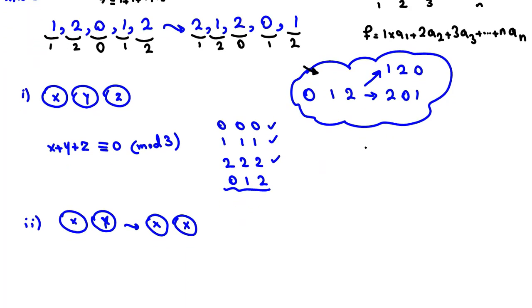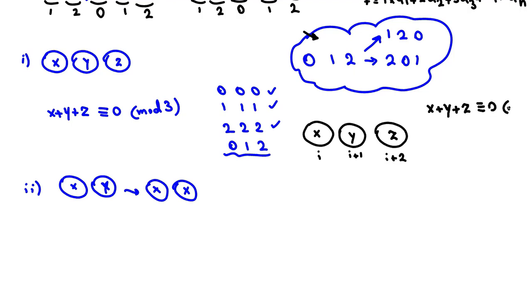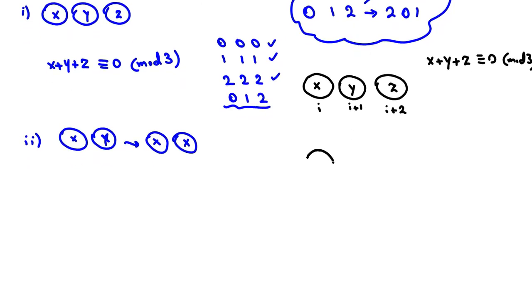So let's see. For example, suppose that it is i, i plus 1, i plus 2. And we have x, y, z, and we know x plus y plus z is multiple of 3. Okay? So let's see if f won't change mod 3, it will be good. So suppose, for example, you rotate.